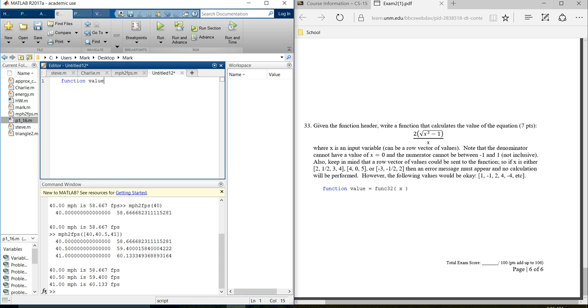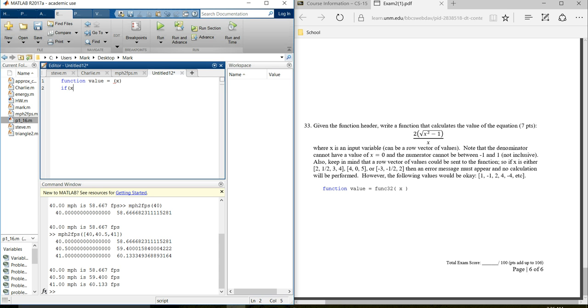Function value is equal to func32. That's a weird one. I want to do my own name. I'll come back and figure out what I want to do. Where x is the input variable, can be a row vector of values. Note the denominator cannot have a value of x equal to 0. So that's my first one.